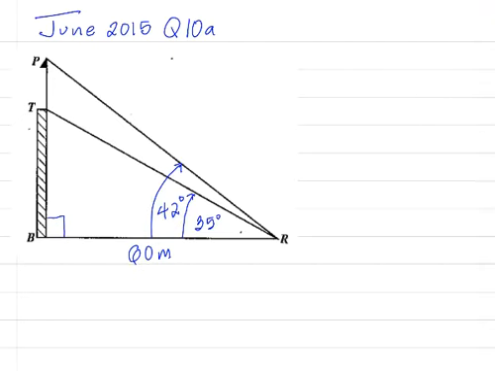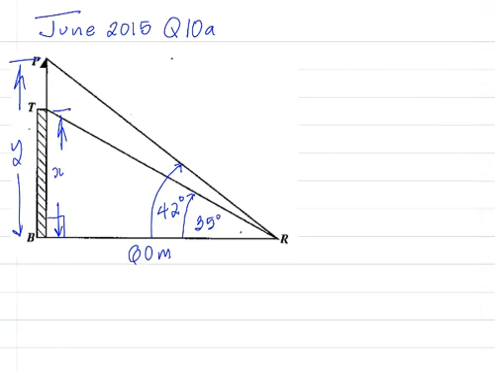We're going to have to first calculate this length BP. I might call it Y. And we're going to need to calculate the length BT. I'm going to call that X. And then the height of the flagpole would be the difference between these two heights.